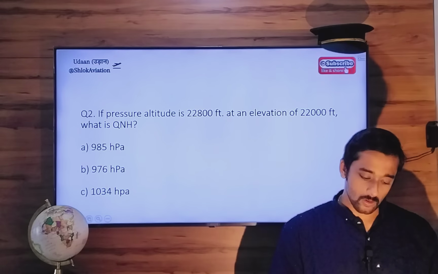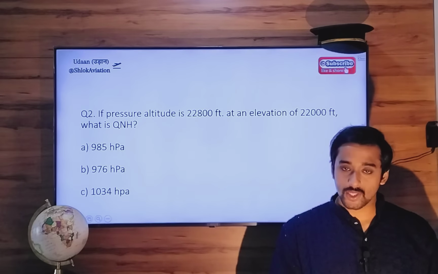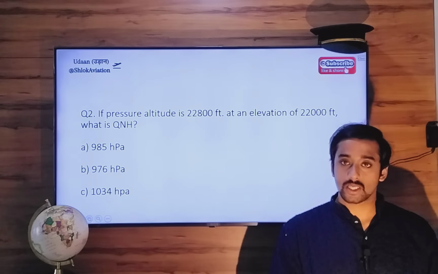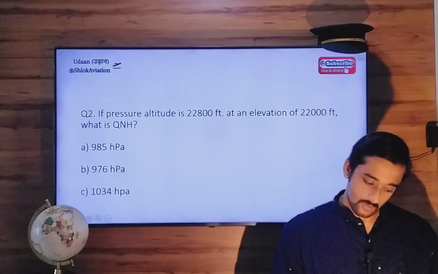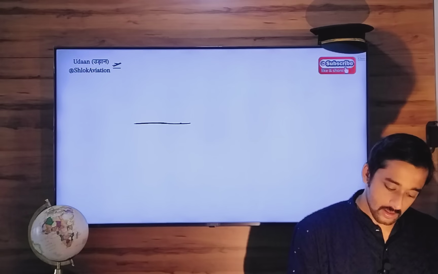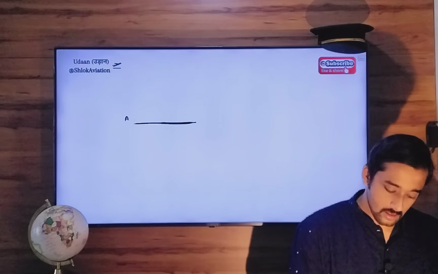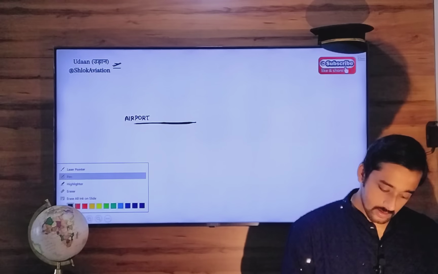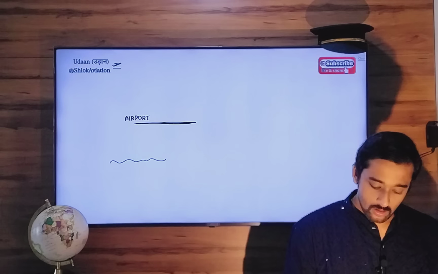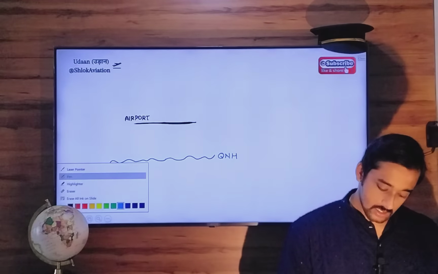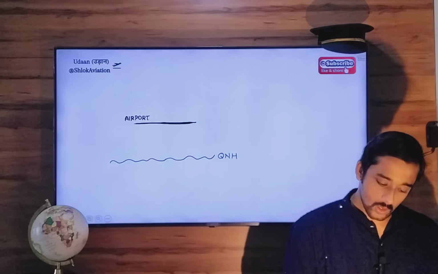Next, question number 2. If pressure altitude is 22,800 feet and elevation is 22,000 feet, what is QNH? Okay, so elevation is 22,000 feet. So let's say this is your airport and the elevation of this airport from mean sea level, QNH, is 22,000 feet.